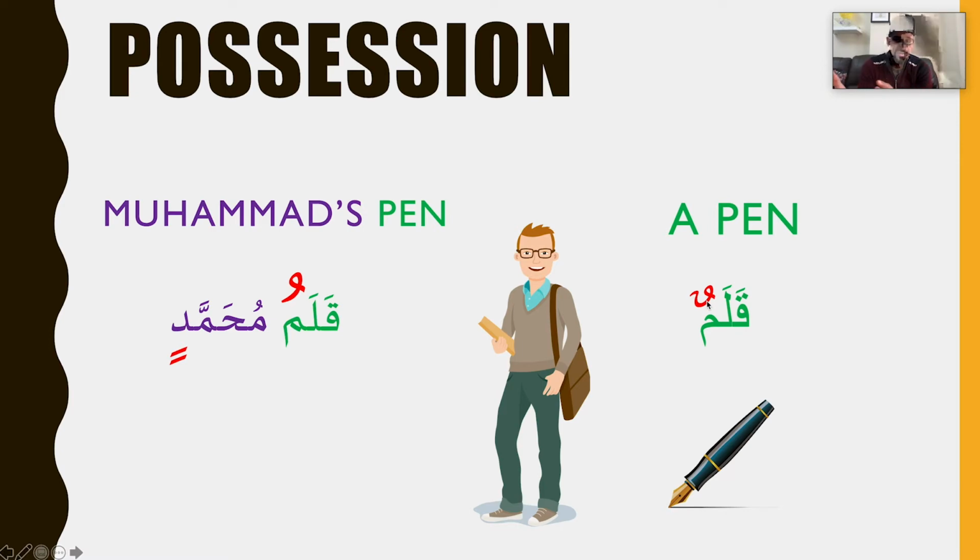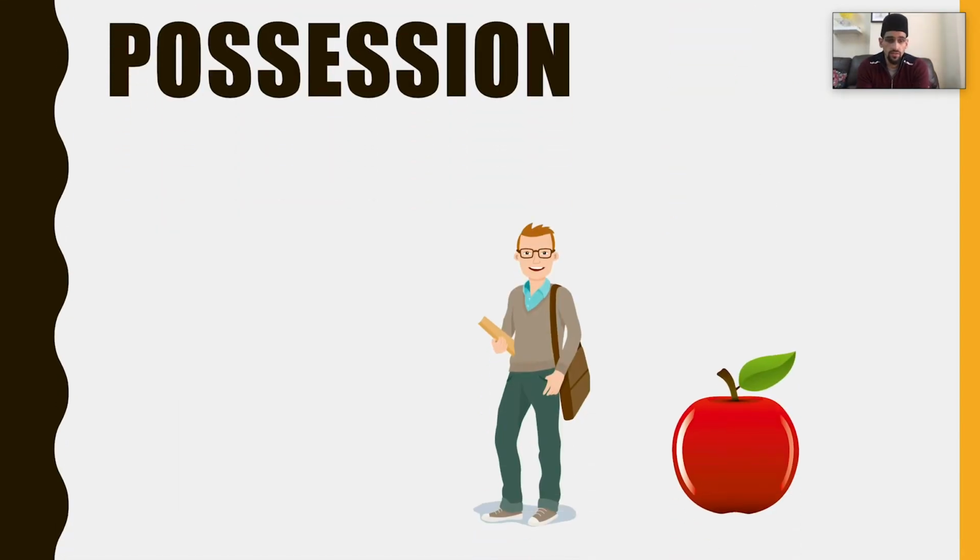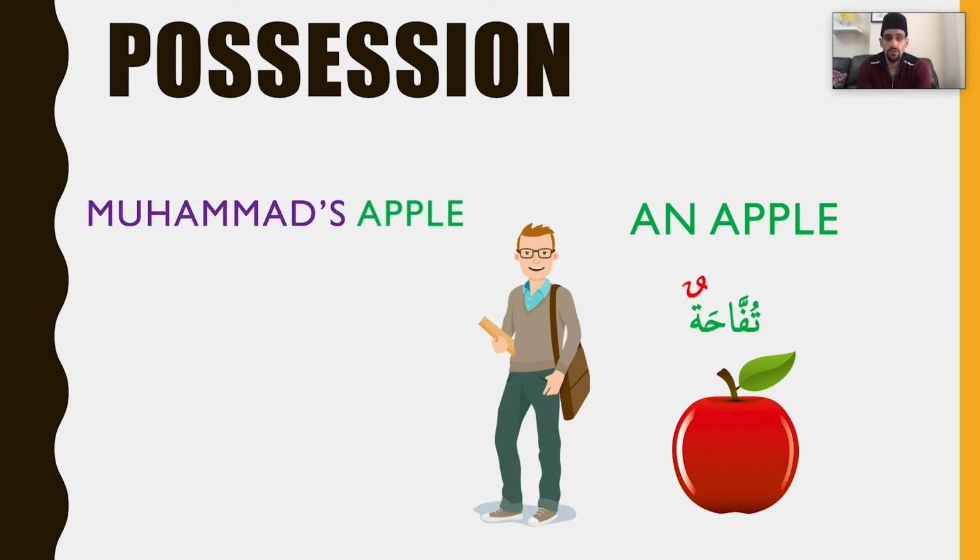So we'll do a few more examples so that you're able to understand fully how to use it. So a pen, qalamun, Muhammad's pen, qalamu Muhammadin. Another example here, an apple, it is tuffahatun. So Muhammad's apple, tuffahatu Muhammadin.